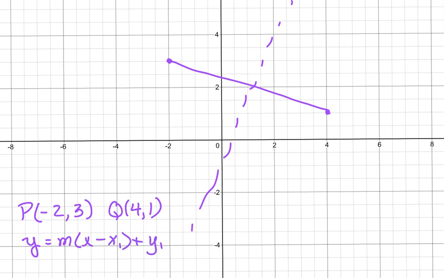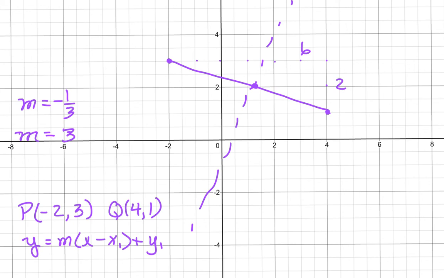So first thing I need to know is the slope of this original segment. That's up 2 and over 6, which would be a slope of negative 1/3, which means that the perpendicular line I'm looking for would have a slope of positive 3. I also need to know the midpoint because this is a segment bisector, so it's going through the midpoint of that segment.